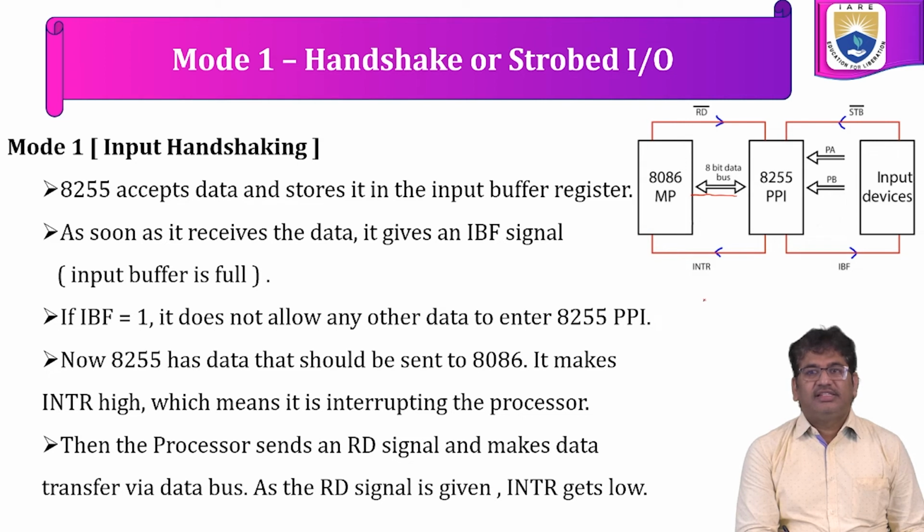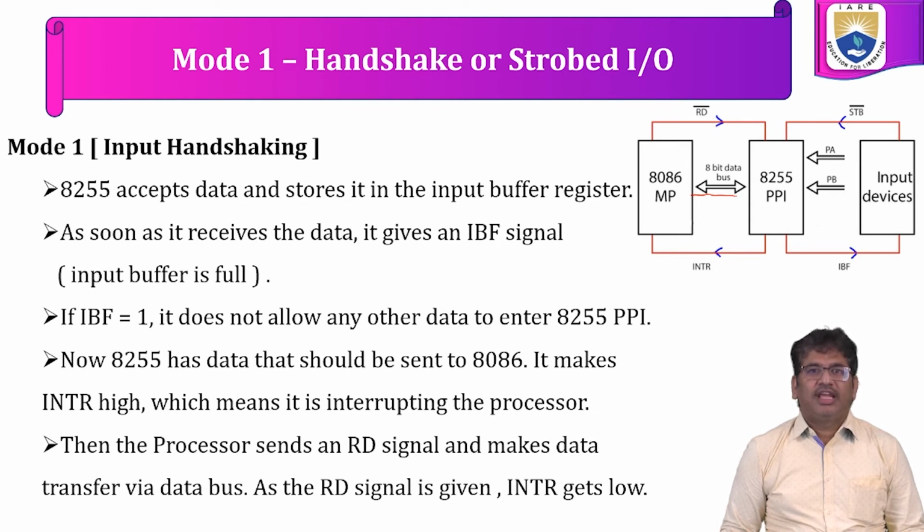As the read signal is given, immediately the interrupt signal will be deactivated. Now the various handshake signals we are using are: the strobe signal, which is given by the IO device to the 8255. Once the data is placed into the ports, then IBF will be generated, indicating the buffer is full.